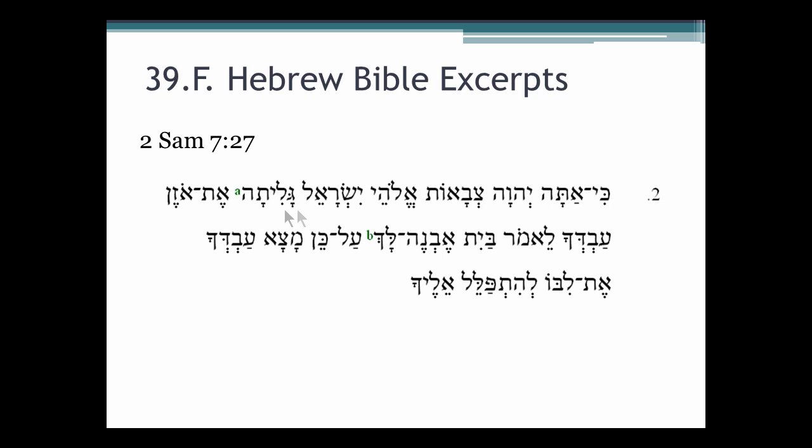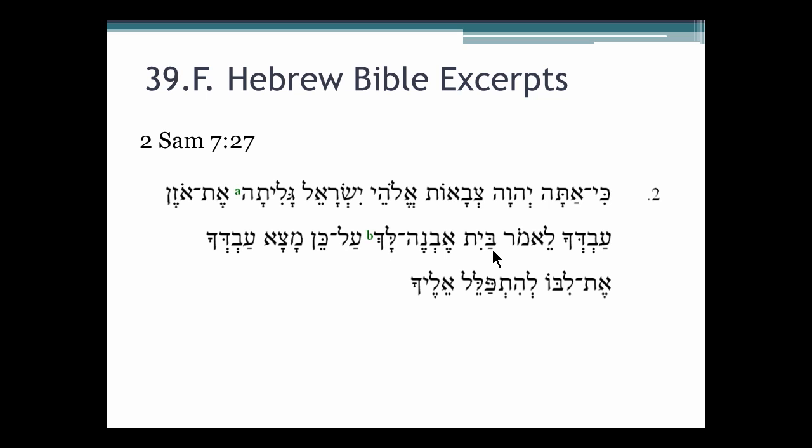This is from galah, again, so it's going to be a perfect form, second masculine singular. Et ozen, okay, the ear of your servant. Now, again, I'm not going to translate the whole thing for you. Lemor, bayit, evne, lach.